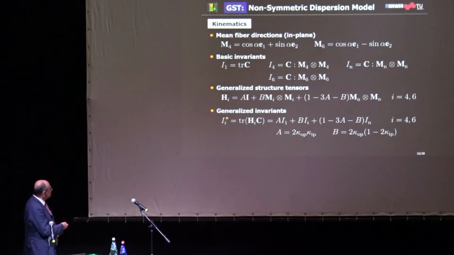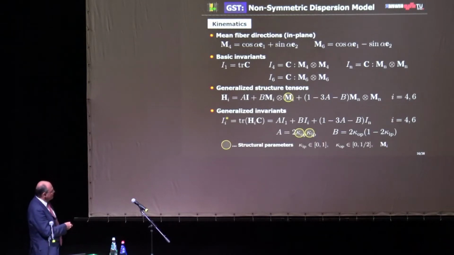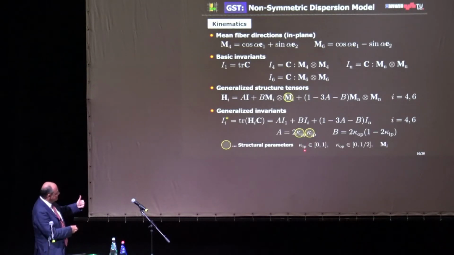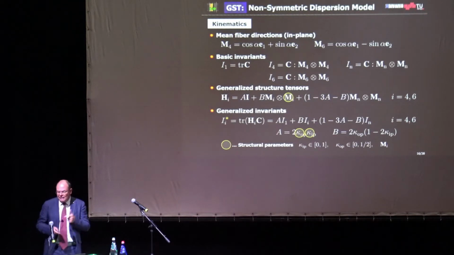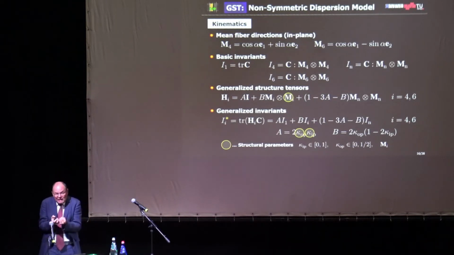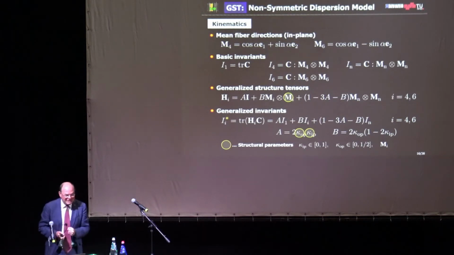So this is very nice, and at the end of the day we have structural parameters: an in-plane dispersion, an out-of-plane dispersion, and the mean fiber direction in these two families of fibers. So these four parameters we get from imaging, from second harmonic generation, from polarized light microscopy, using picrosirius red staining, etc. So we really extract this from imaging. This is basically the steel reinforcement in the concrete, what we describe with that.